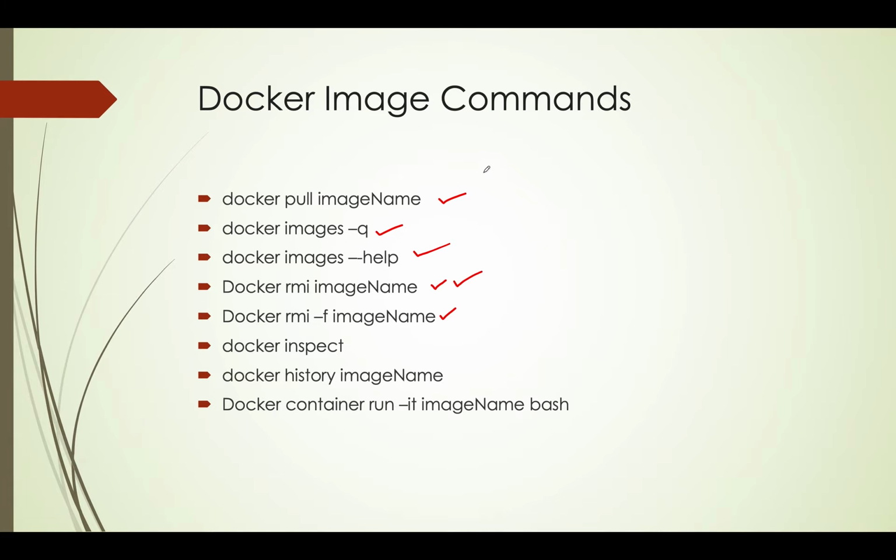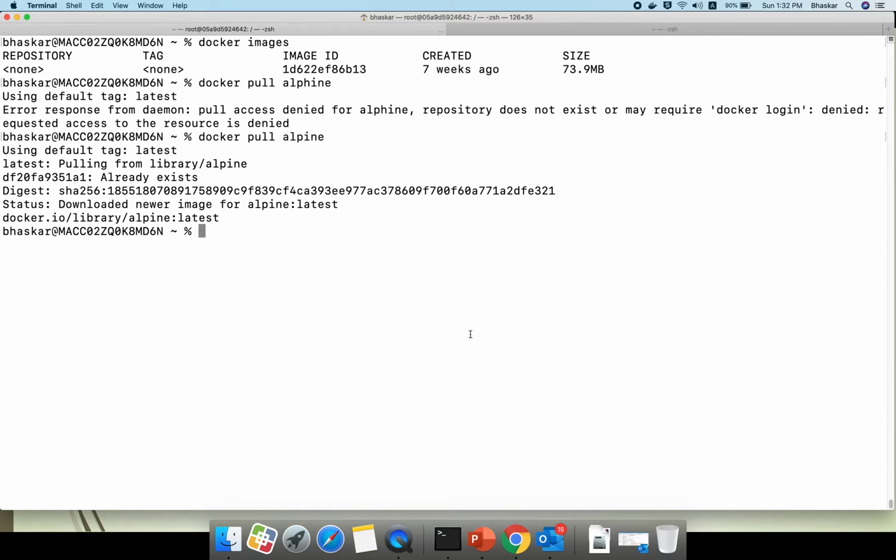Now you know all these commands, right? rmi -f, docker images -q, pull image. Now we'll see docker inspect. Before going to inspect, I will check docker history. I will give that image name. Docker history alpine.